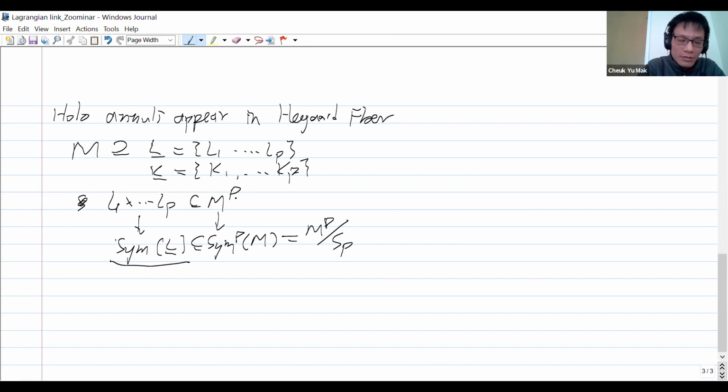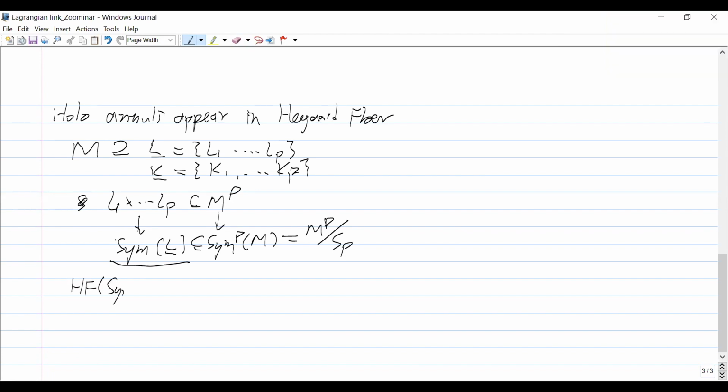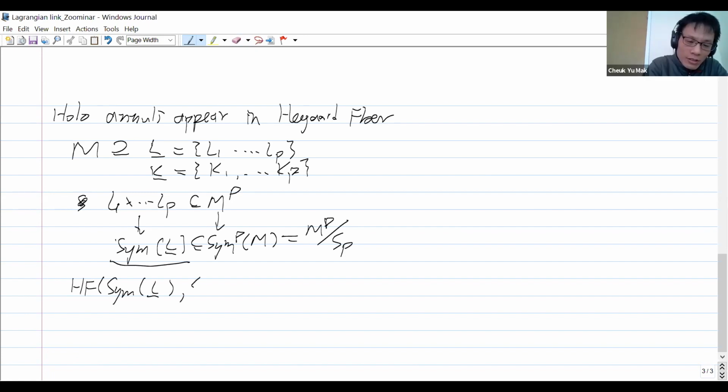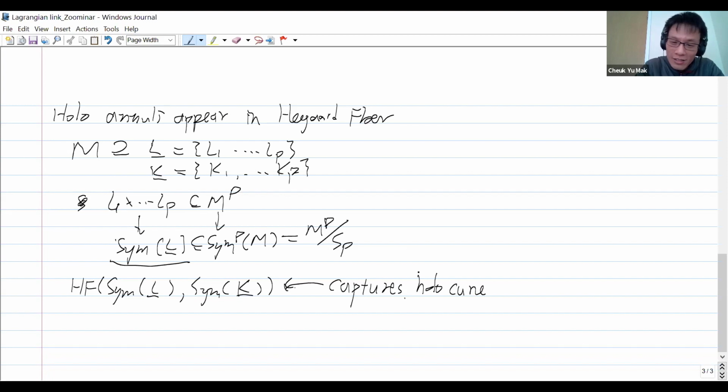And what you do is, if you consider the Lagrangian Floer cohomology between these two Lagrangians, then this can capture holomorphic curves bounded between the union of Li and the union of Ki.